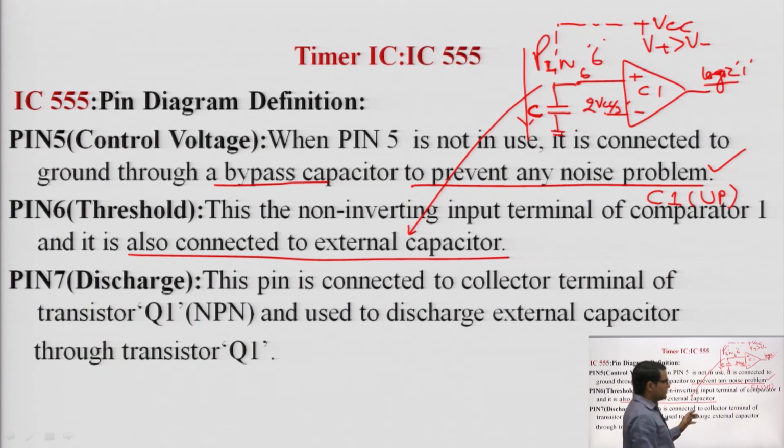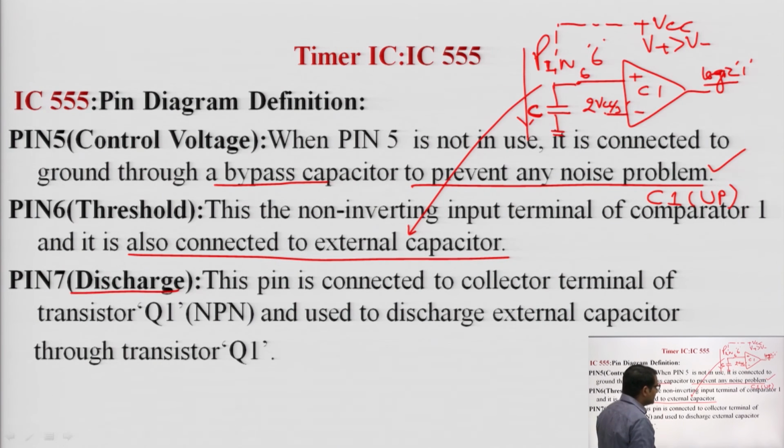This is the meaning of the threshold pin. It decides the output of comparator 1, the upper comparator, and depends upon the charging and discharging of the external capacitor, which is directly connected to the threshold pin, pin number 6.